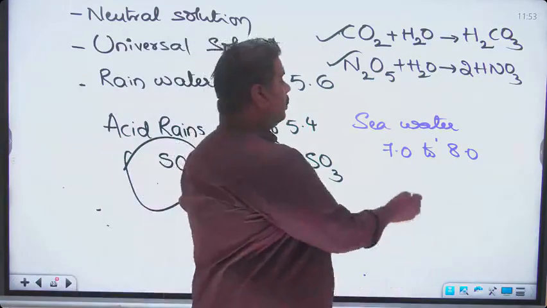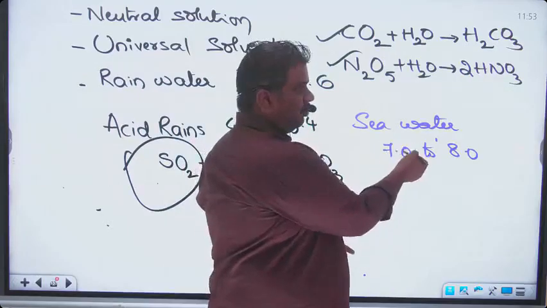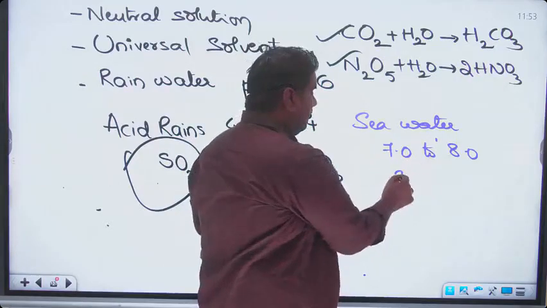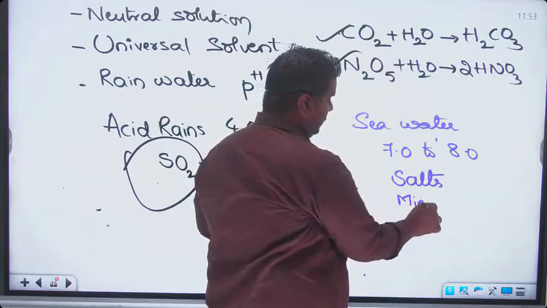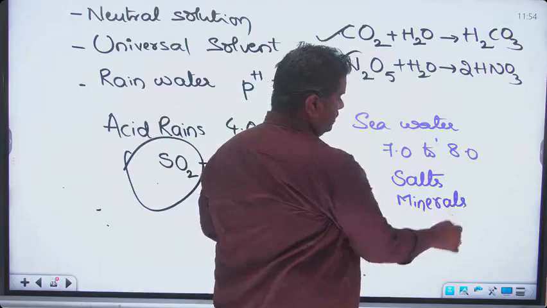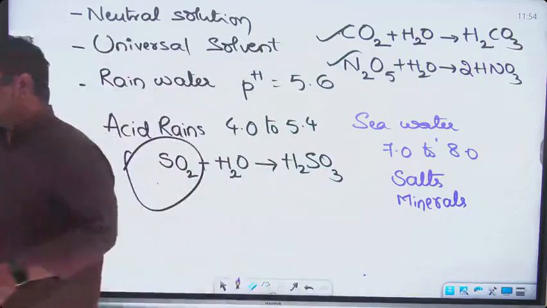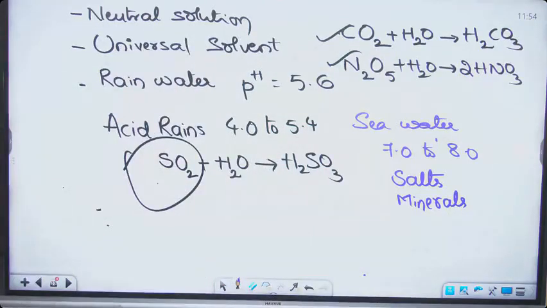Seawater is having a pH value of 7.0 to 8.0 because of the presence of salts and minerals.